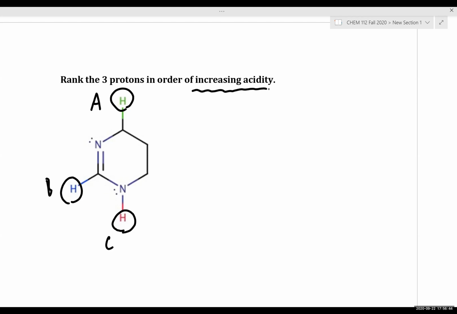If not, let's discuss this example. And let's talk about the relative ranking of acidity for each of these 3 protons.